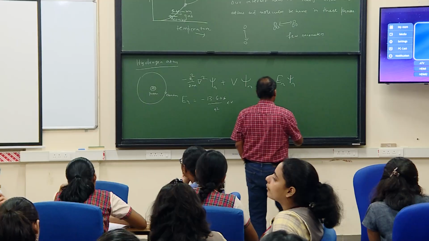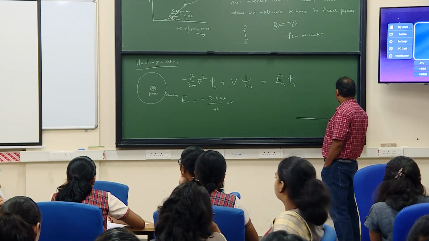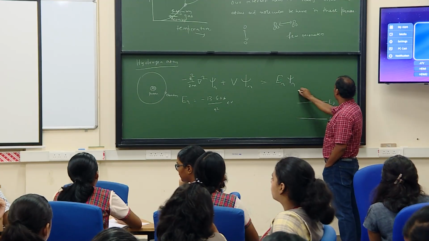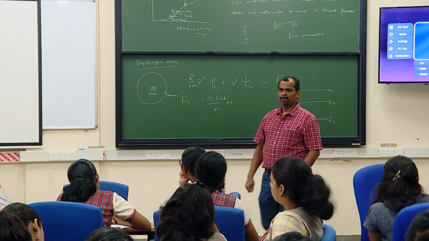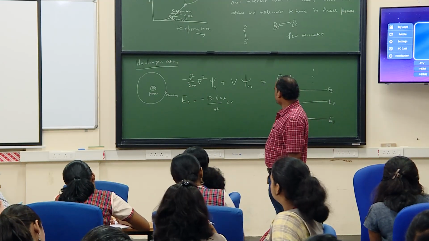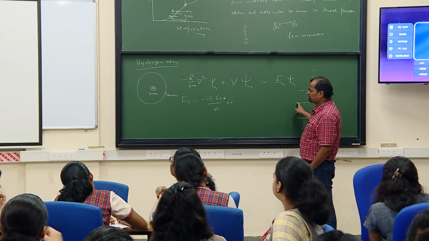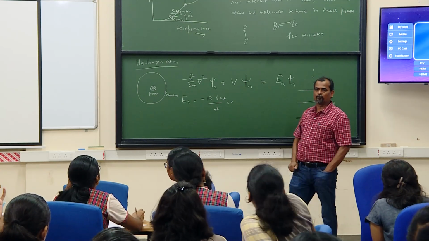So if you draw the energy scale, it will be E1, E2, E3, like this. The first one lies at minus 13.6 electron volt. The next one lies at 13.6 divided by 4.